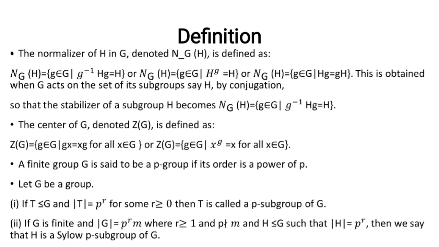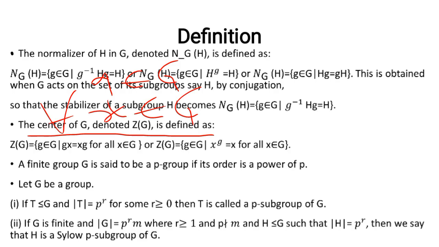The next is the center of G. The center of G is denoted thus, okay? It's almost similar to picking an element in G, but instead of picking just A in G, the center does it for any X, all X in G. So for the centralizer, it's just an element.